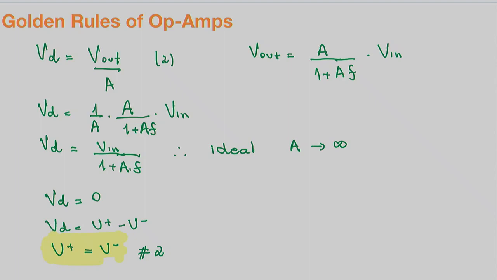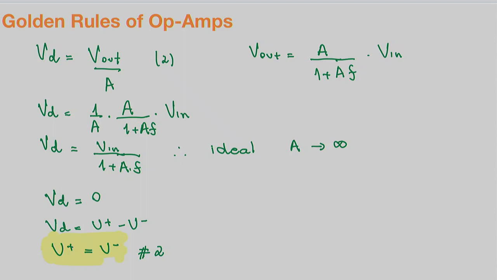So in that case, you're going to assume that U plus equals U minus. That can be very handy in circuit interpretation, because when you're doing the analysis, what happens if U minus is connected to ground? You know that U plus is 0. Very, very important and very handy.